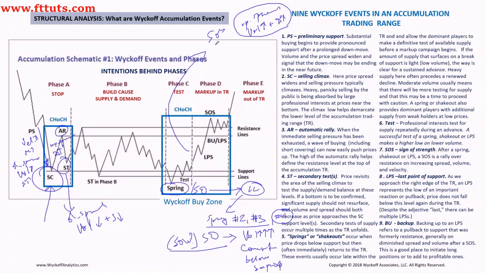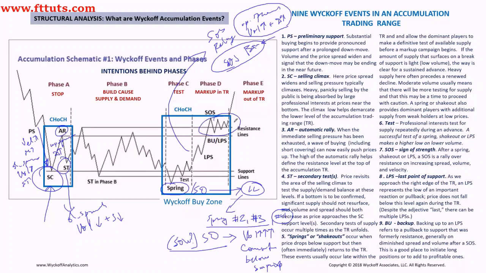A sign of strength rally is a different beast than a sign of strength bar on that rally, and usually students are giving me the character of the sign of strength bar, not even the definition of the sign of strength. So I want to point this to your attention.